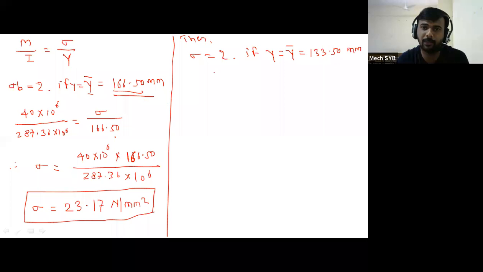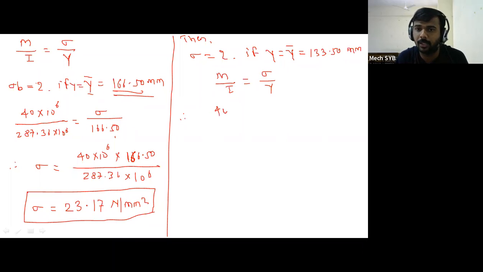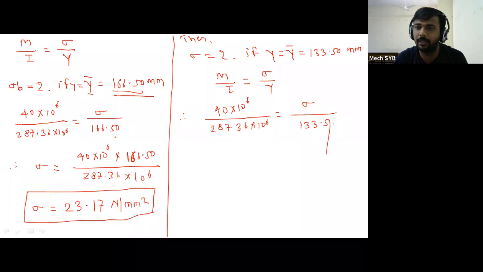133.50 mm. So once again we have to use the formula M upon I is equal to sigma upon y. Put the value: M will be 40 into 10 raised to 6, divided by I, 287.36 into 10 raised to 6, is equal to sigma unknown, and y is equal to y bar, which is 133.50.